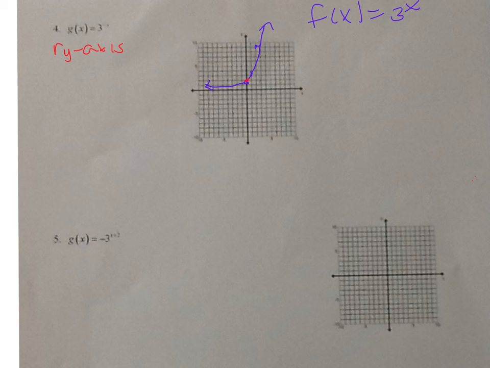The next point, it's to the left 1, and then I'll flip over 1. And then the next point would be over to the left 2, so I'll flip over to the left 2. So it'll look like this. Okay, so my asymptote is still y equals 0. My y-intercept is (0, 1). There is no x-intercept. And that is decreasing.